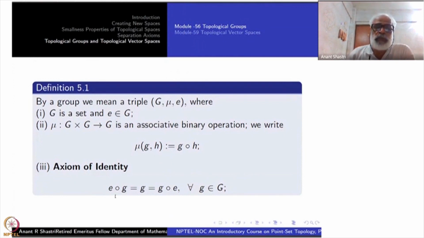Why? Because of its action on other elements: E composite G is G, and on the right side G composite E is also G for every G. Okay, so it is acting identically on other elements. That is why.